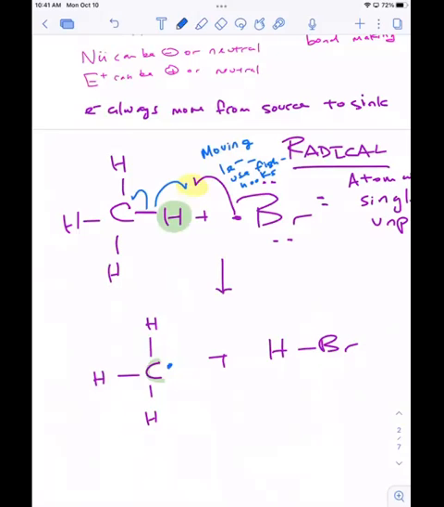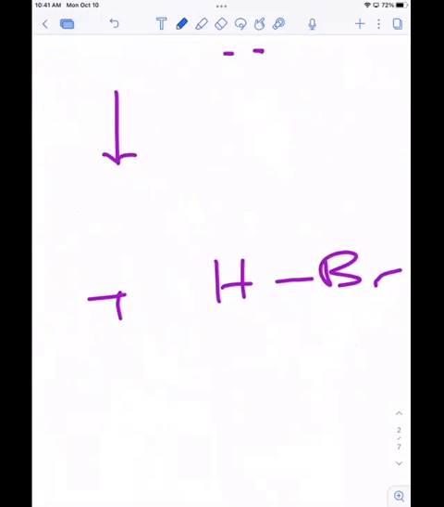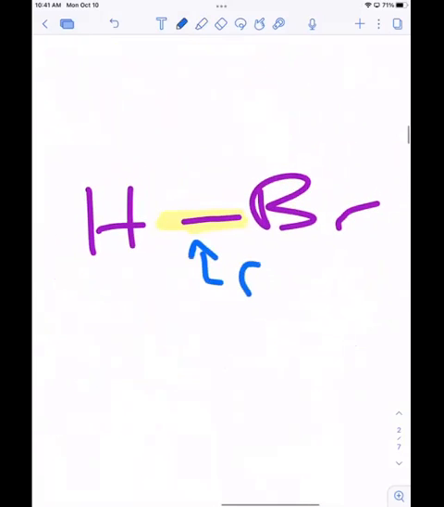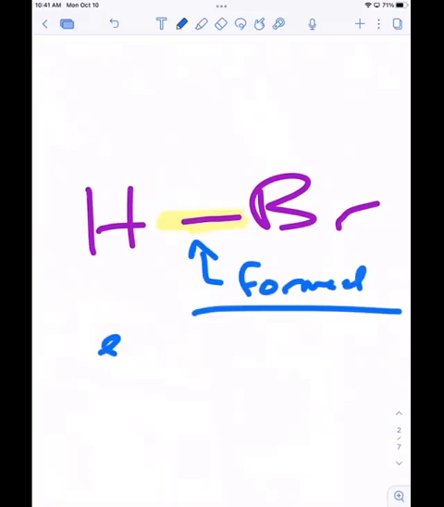Are y'all following that? Right? So what bond did I make? I made this bond down here, didn't I? So this was formed. And each atom brought one electron.